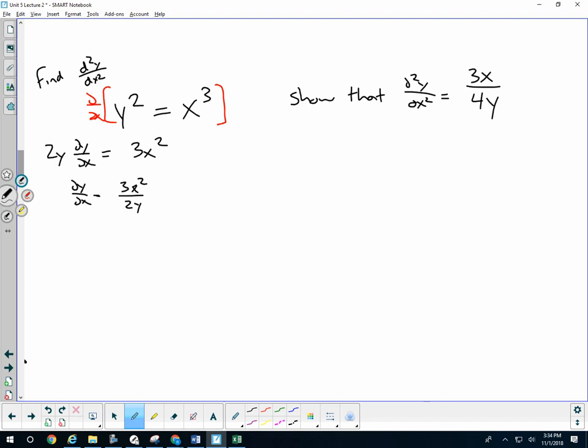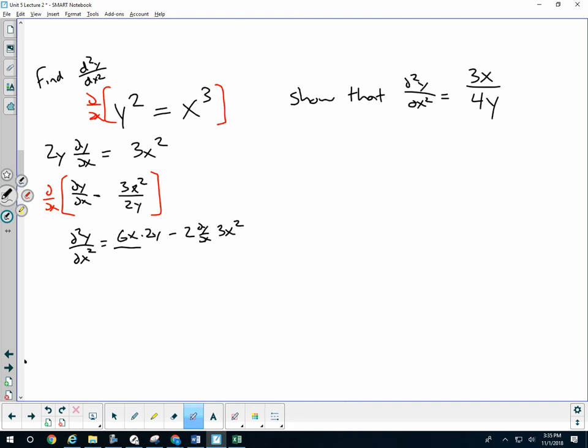And then attempt to simplify. Remember to substitute in what dy dx is equal to.